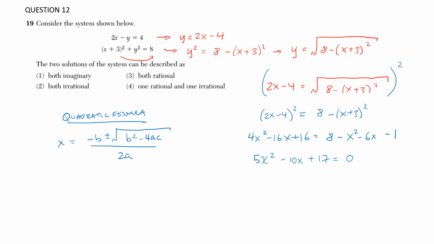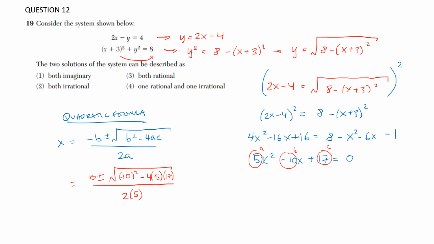Just to be clear, this here is a, this is b, this is c. Let's plug in. Negative b would be positive 10, plus or minus the square root of negative 10 squared, minus 4, a is 5, c is 17, all over 2 times 5.